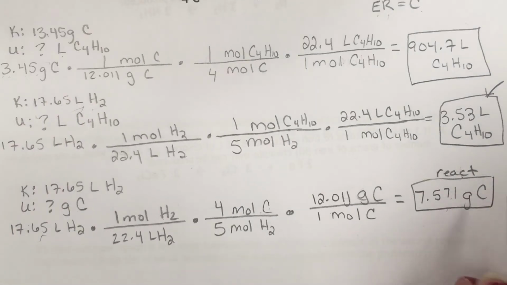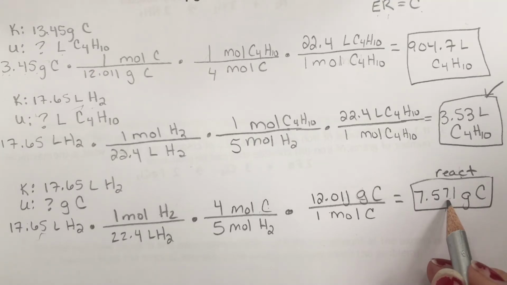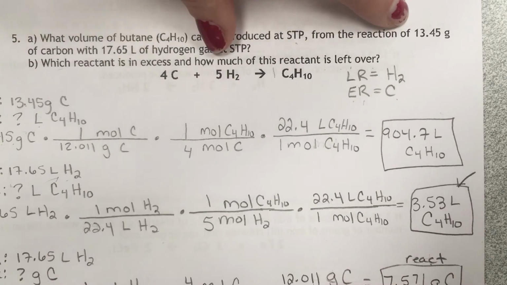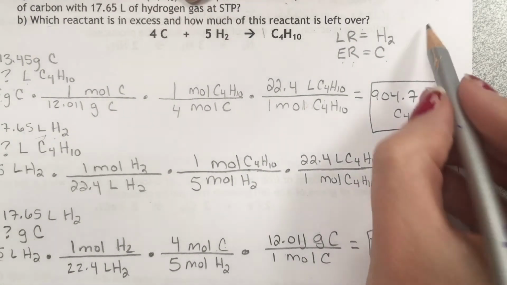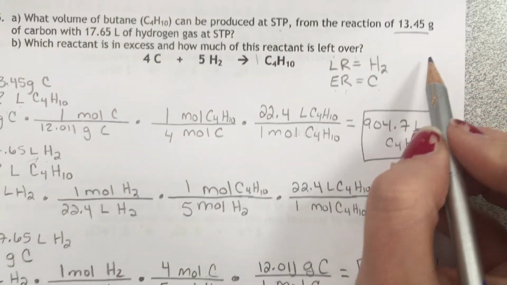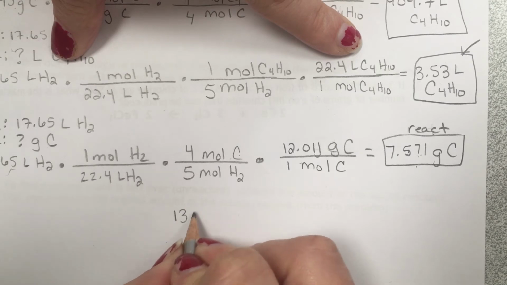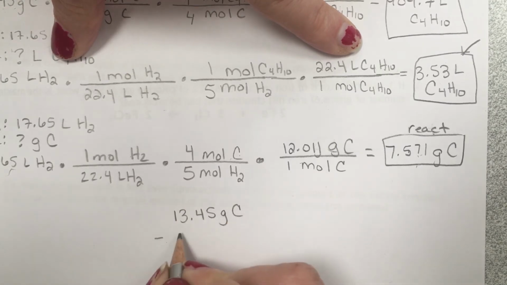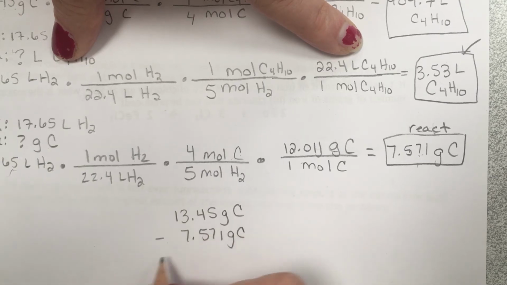Now what we need to do is subtract what the problem gives us with carbon. What the problem gives us with carbon minus how much reacts, and then we have our answer. So the problem gives us 13.45 grams. That's what the problem gives us, minus 7.571 grams of carbon.